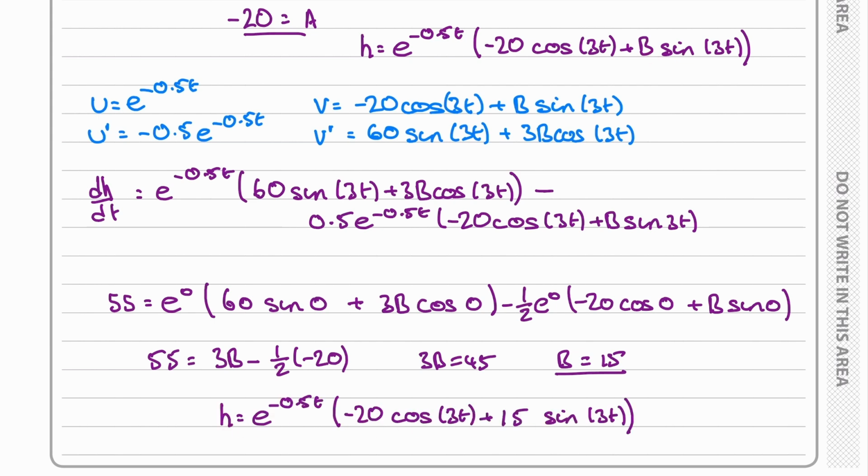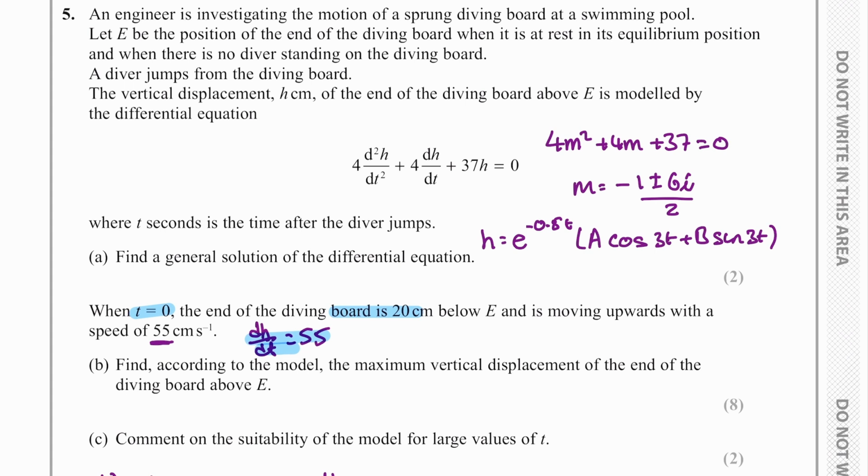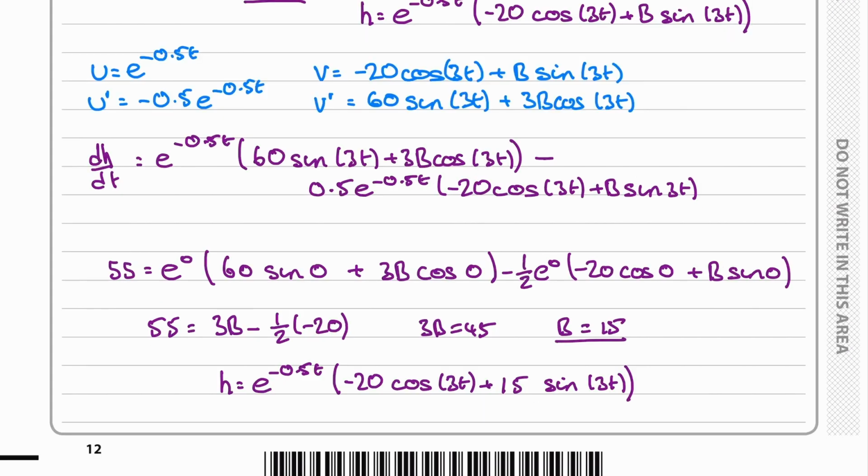If we go back to our question, we wanted to find, according to the model, the maximum vertical displacement of the end of a diving board above E. So if we want a maximum of h, we can find dh by dt and set it equal to 0. And you can see that we did most of this here.